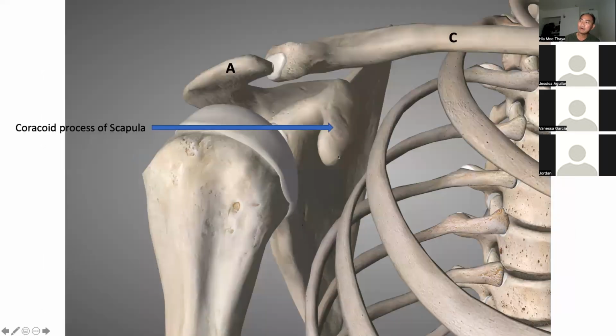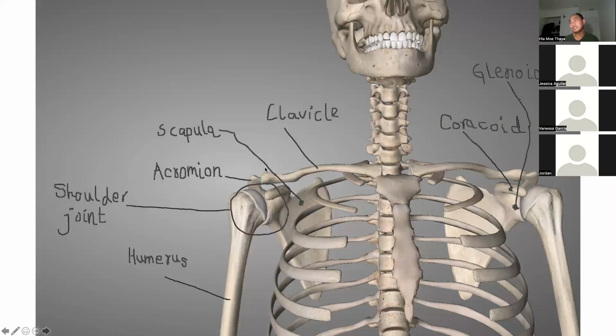So this is the coracoid process. This is the clavicle, and the acromion. We cannot see the glenoid anymore because it is covered by the humerus. So now these are the structures: clavicle, scapula, acromion, glenoid, humeral head.